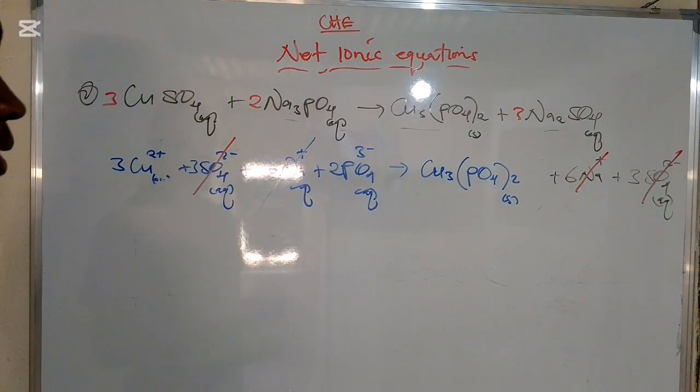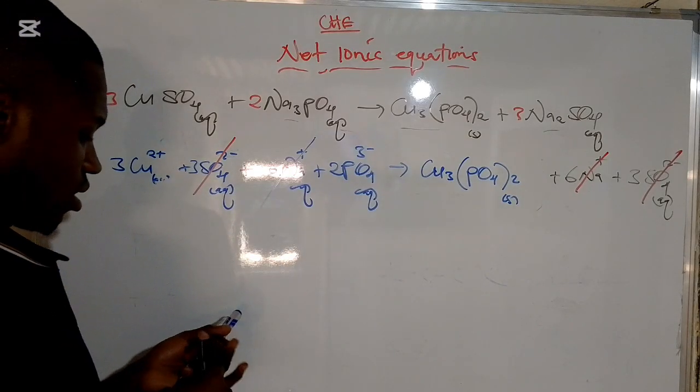So overall, for the net equation, you take what you have remained with.